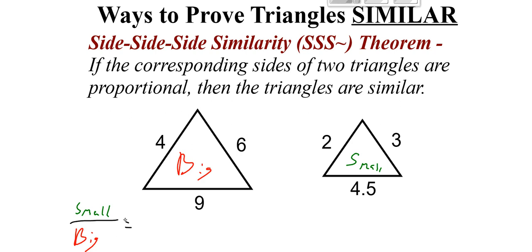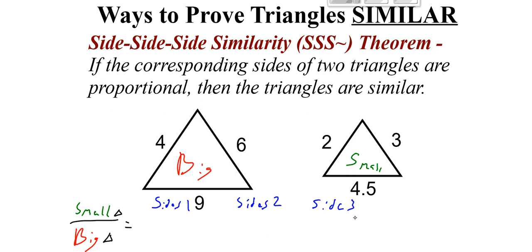So these are small triangle, big triangle, and now we're going to talk about sides. I'm just going to say side 1 for smallest, side 2 for the medium size of our triangle, and side 3 for our largest.